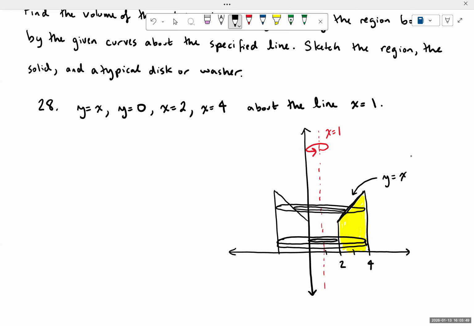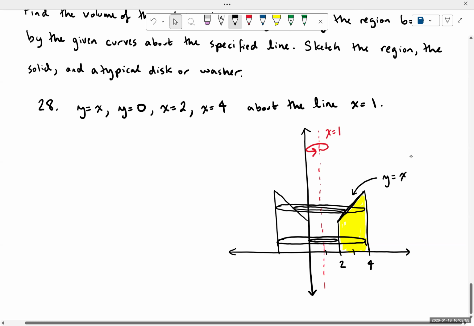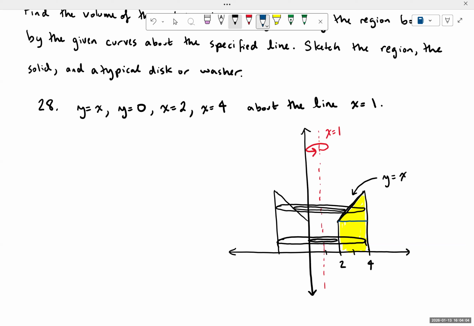So essentially, we have two different regions here. So if we want to do this with the washer method, we have to consider two different regions. So we'll call this one 1, and we'll call this one 2.